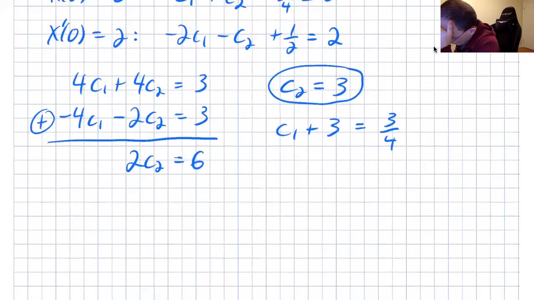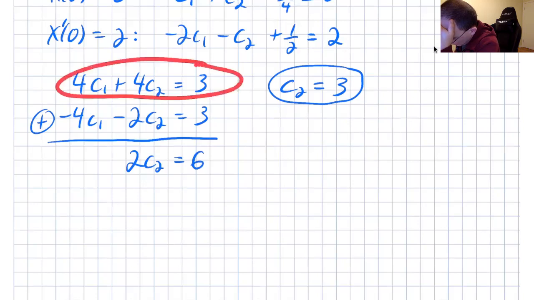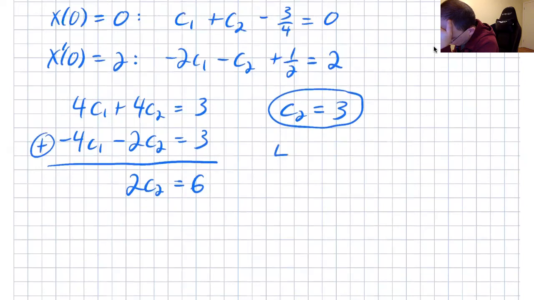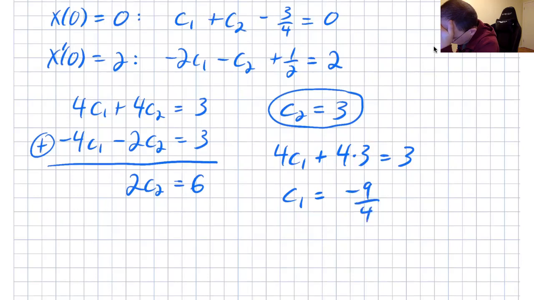Maybe it might be easier to just use that other equation. Let me just use this one here. So what would we get? We get 4c1 plus 4 times 3 equals 3. So c1 is equal to, we get 3 minus 12, which is minus 9. So we get minus 9 over 4. Okay, that was easier.